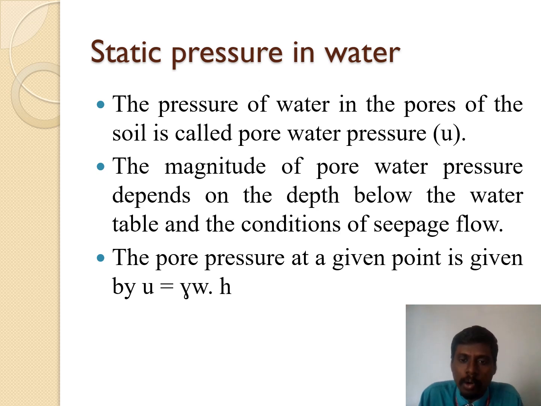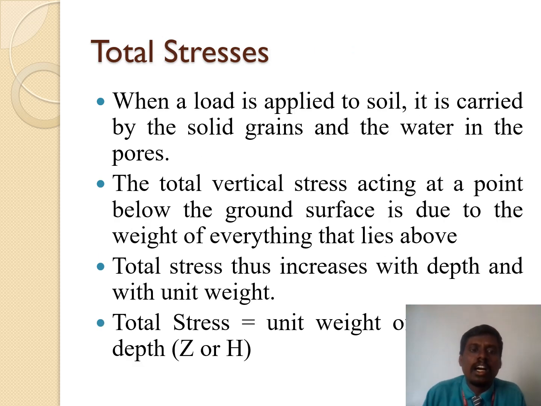It is denoted by U. Generally U is equal to gamma W into H, where gamma W is the unit weight of water and H is the datum height or the soil specimen height.